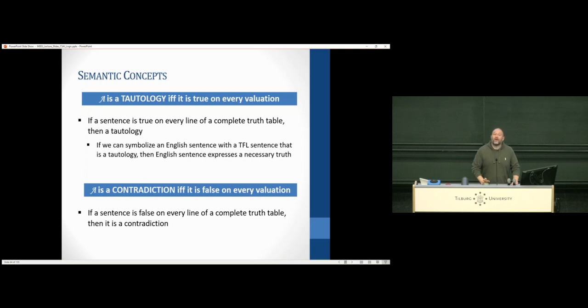So, right, a tautology is a TFL sentence that's true on every valuation. A contradiction is a TFL sentence that's false on every valuation. So what's a TFL contingency? What's it going to look like?